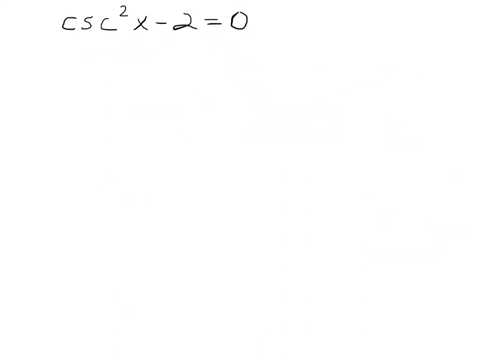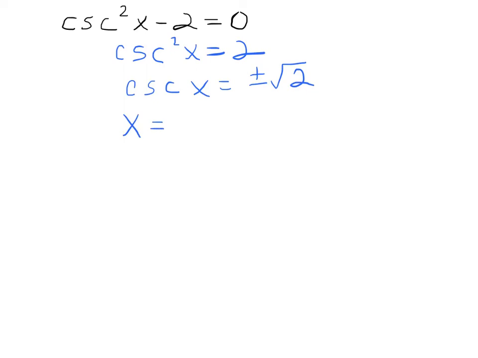Next, cosecant squared x minus 2 equals 0. Again, we're going to get the trig function by itself. So cosecant squared x equals 2. And I'm going to take the square root of both sides, giving me cosecant of x equals plus or minus square root of 2.